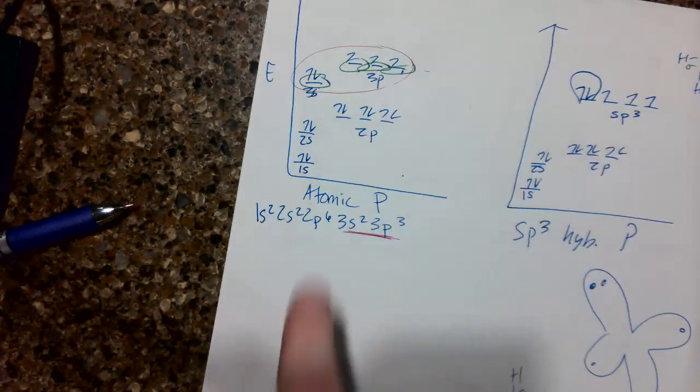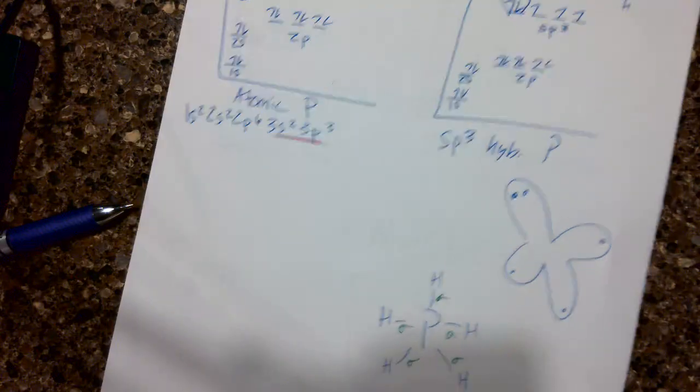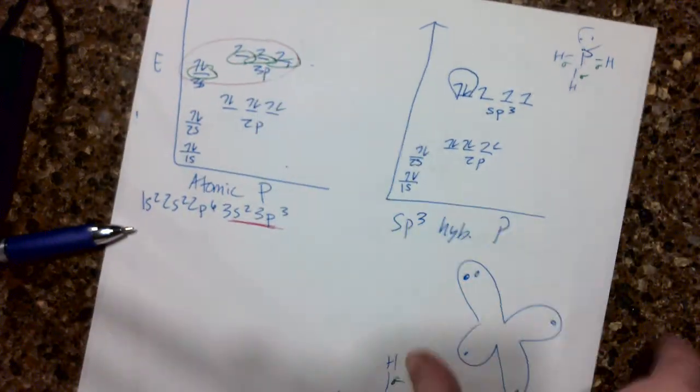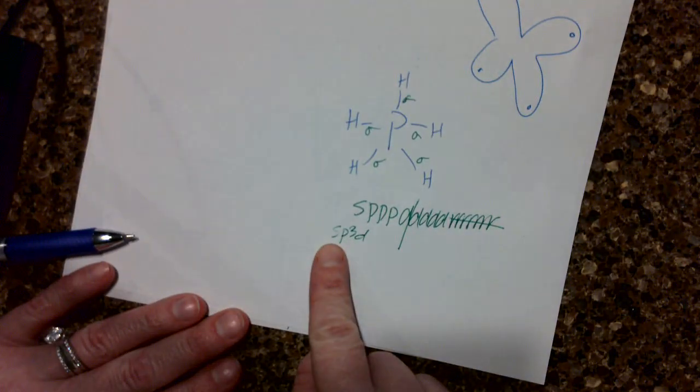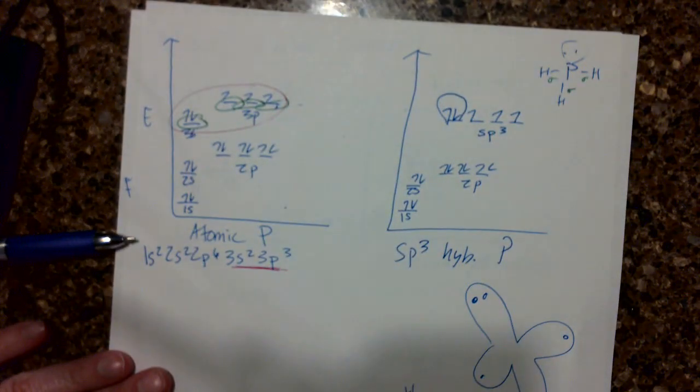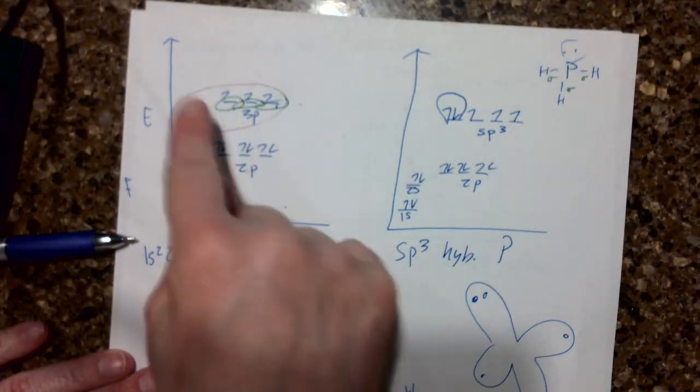Here's my regular phosphorus, though. Does he have a D? To do sp3d, you need a D subshell. Because what does this mean? This means that you took an S, 3 Ps, and a D and mixed all 5 of those together to make your new orbital. But if you look at regular phosphorus here, I don't see a D subshell.